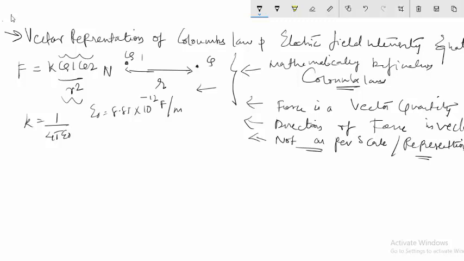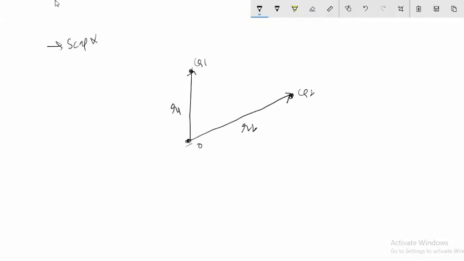So I'm considering an origin or reference point, and I will draw it on a fresh page so it's better to understand. This is not as per scale, but I am representing two point charges, Q1 and Q2, by using the position vector R1 and the position vector R2.